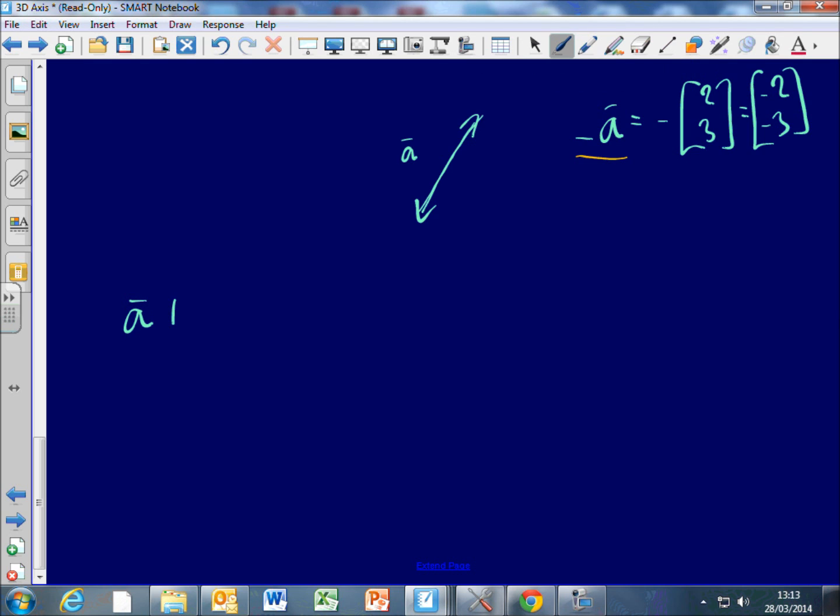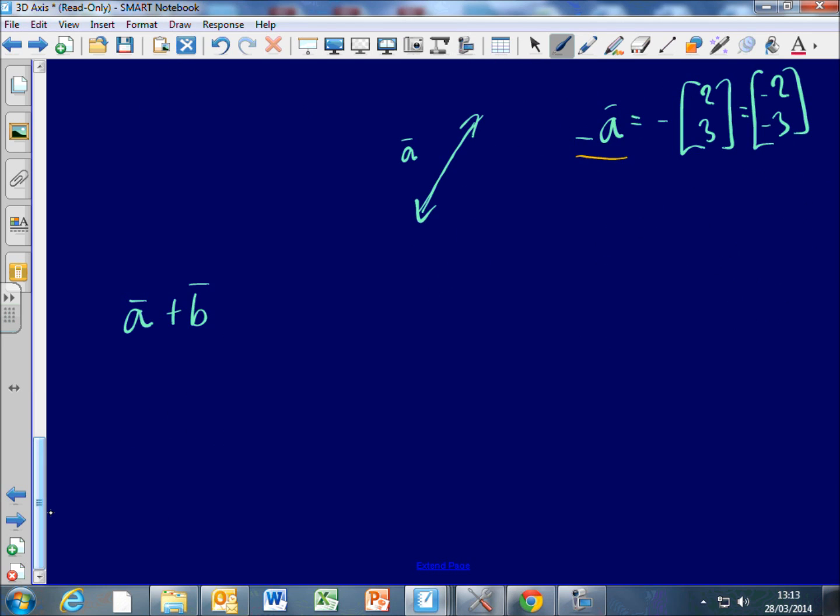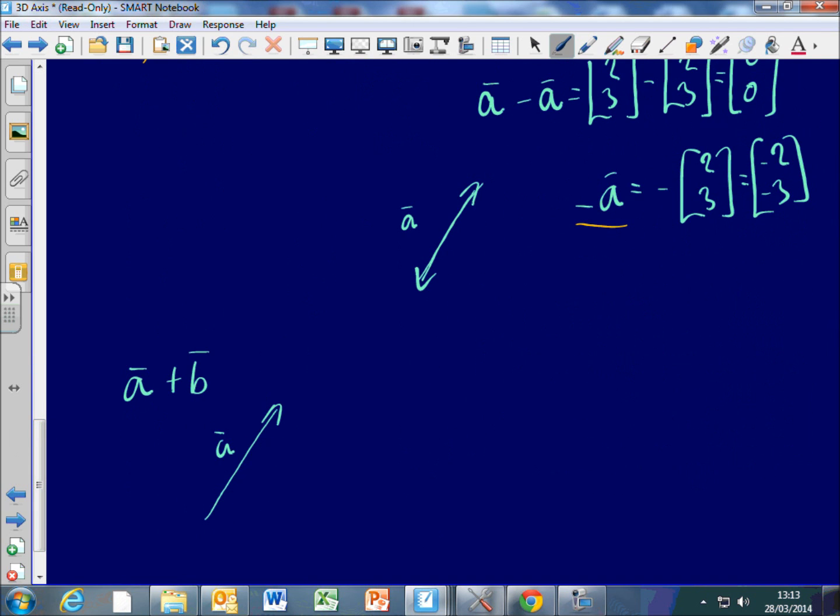And then finally we'll talk about A plus B. Well, geometrically, that's me taking the vector A and then adding on the vector B, which looks like that. And the result is a vector A plus B, which starts here and finishes there.